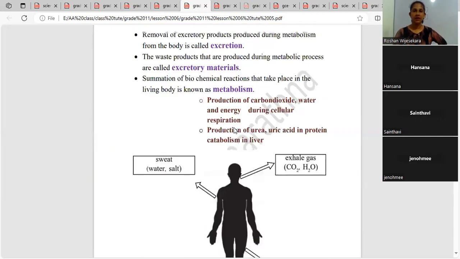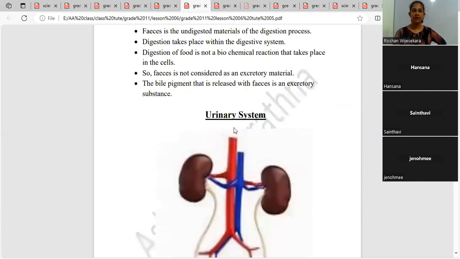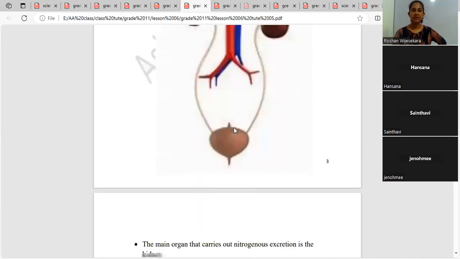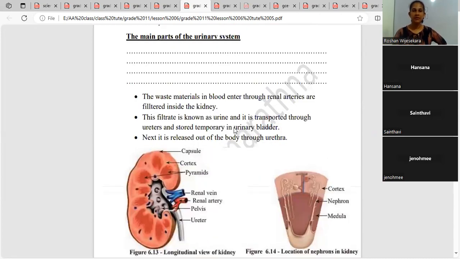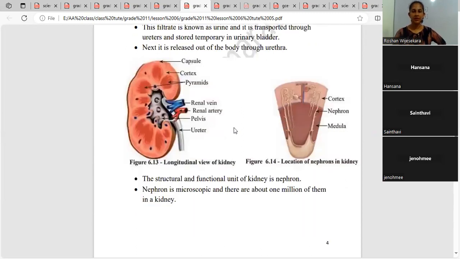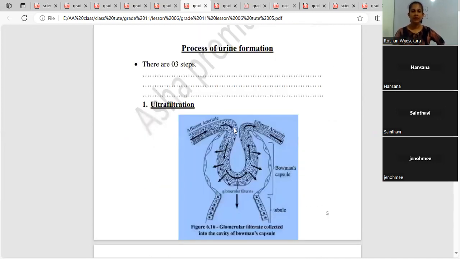What are excretory materials, excretory products, and this is the excretory system. We labeled these important parts, and the nephron is the functional unit of the excretory system. This is the kidney. This is the nephron, the structural and functional unit of the kidneys.